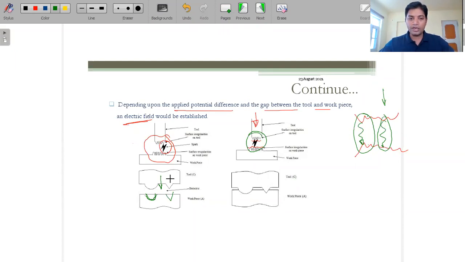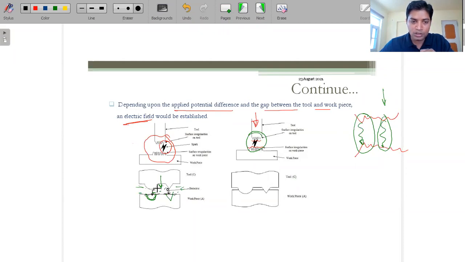Similarly here also, we are moving the tool towards the workpiece side, and the dielectric fluid is maintained, and a spark is generated. Why will the spark be generated? Initially, just keep in mind, if this is the surface, this will be the minimum gap initially.